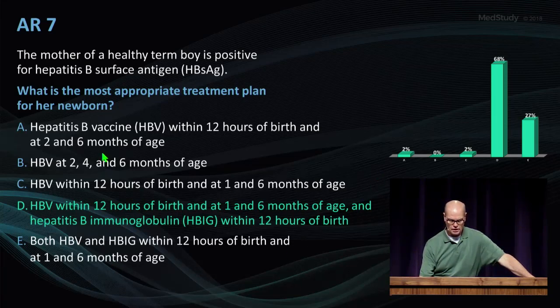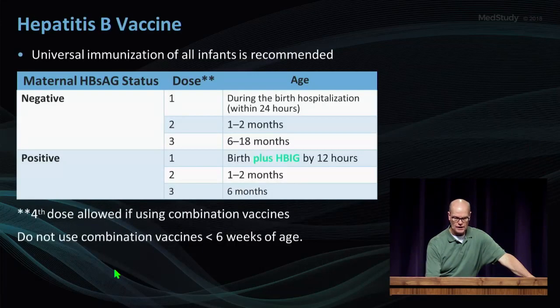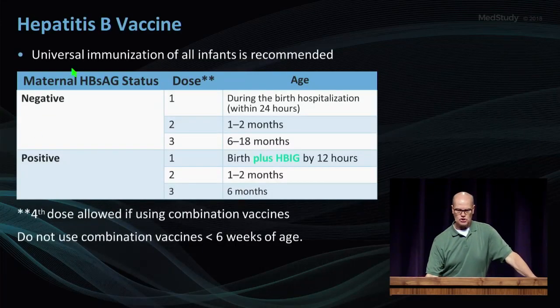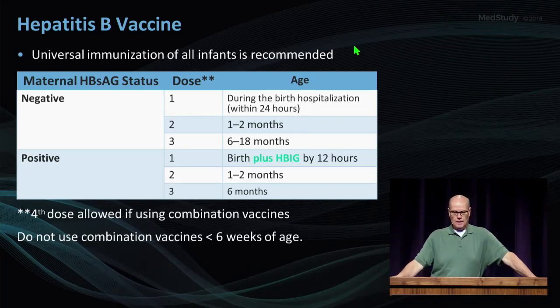Good. Okay, so D is the correct answer. And let's run through this. HBIG only needs to be given once and not also at 1 and 6 months of age. So how do we handle this? If mom's surface antigen status is negative, immunization prior to nursery discharge and preferably within the first 24 hours, followed by a second dose at 1 to 2 months and a third dose at 6 to 18 months.